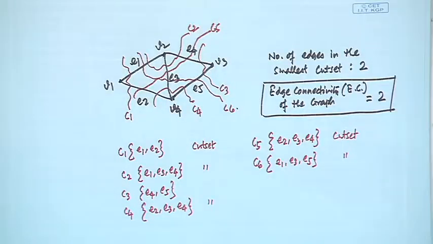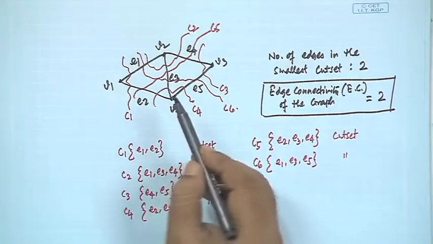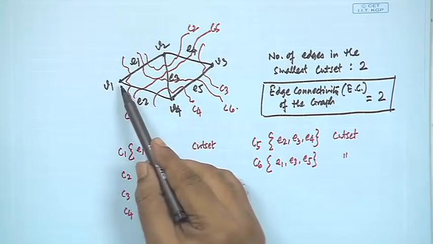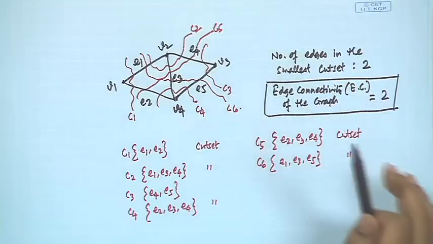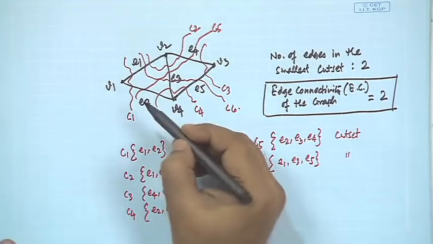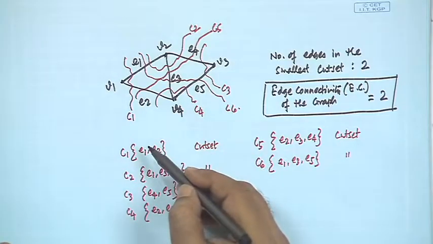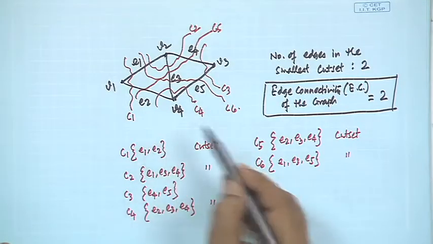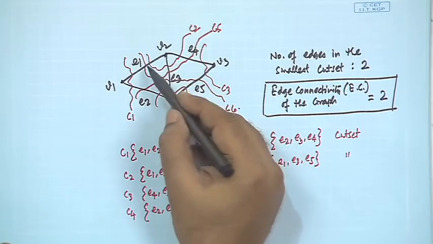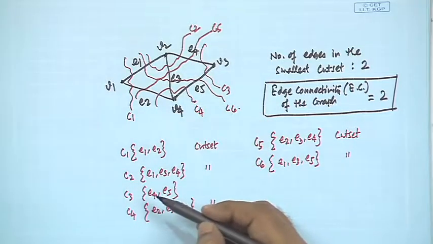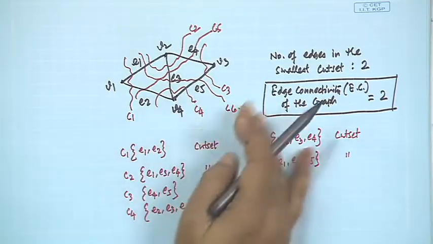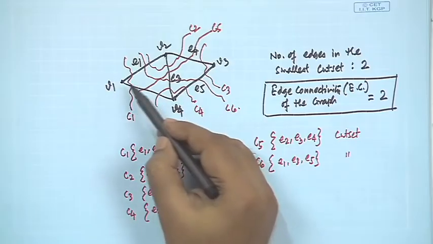If I remove V1, will the graph be disconnected? Answer is no, because if you leave V1, all the other things are on the other side. Please remember, if I remove V1, the E1 and E2 will go also. Is it all right? Now, if I remove V2, is the remaining graph disconnected? No, because everything else is on the other side.